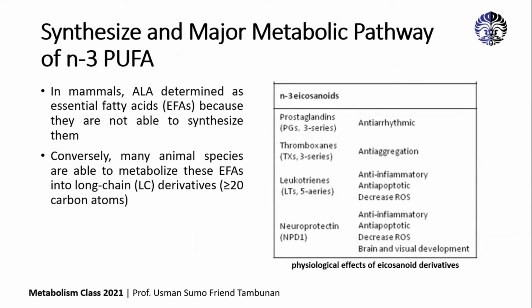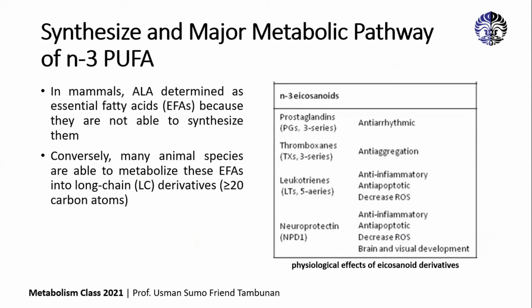In mammals, α-linolenic acid is determined as an essential fatty acid, or EFA, because they are not able to synthesize it. But conversely, many animal species are able to metabolize this essential fatty acid into long-chain derivatives that contain more than 20 carbon atoms.